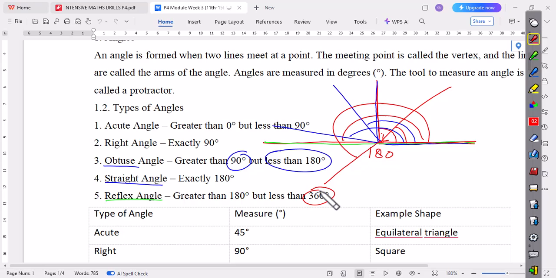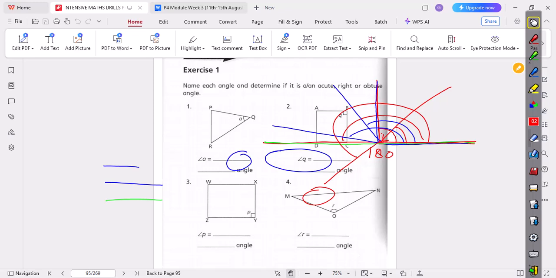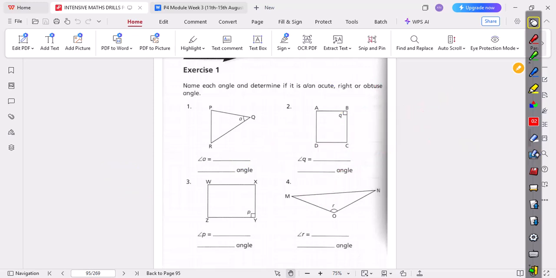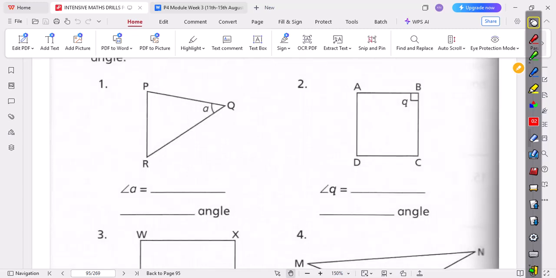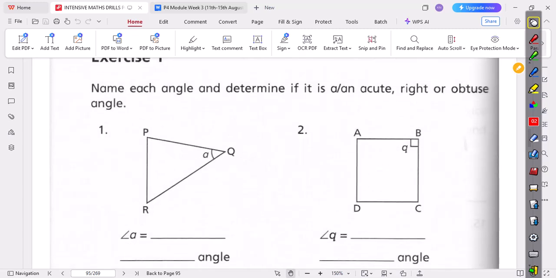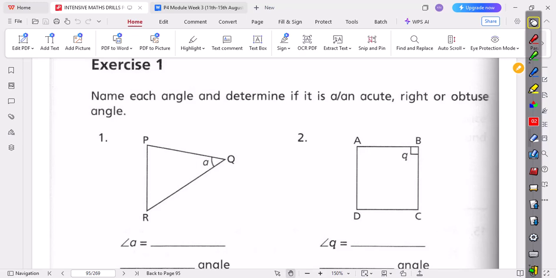So for the next, let's see an example of this question to find examples of acute, right, obtuse, straight, and reflex angle. So here we have, okay, they ask to name each angle and determine if it is an acute, right, or obtuse angle.